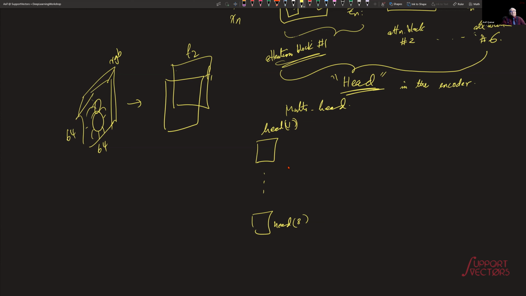We are still talking about just the encoder. The head, of course, is made up of what? Each head is made up of 6 attention blocks.